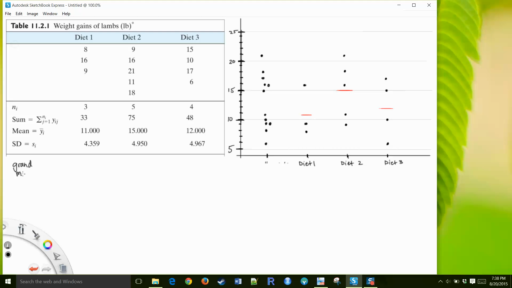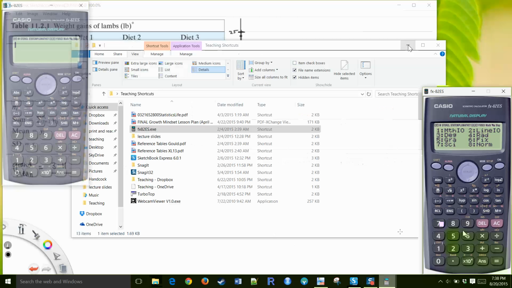Okay, 33 plus 75 plus 48. Okay, so my grand mean is 13. Okay, so again, you cannot just do the average of 11, 15, and 12. That will give you the wrong answer. Okay, so 13, I'm going to draw a blue line here to signify the grand mean. Okay.